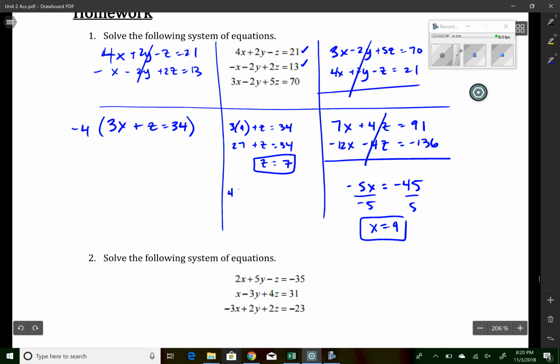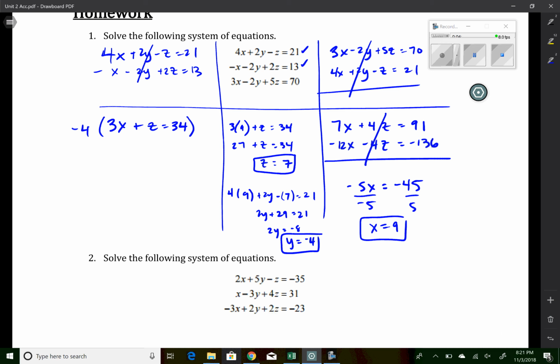So if I do 4 times 9 plus 2y minus 7, because that's z, equals 21. So I have 36 minus 7, so I have 2y plus 29 equals 21, or 2y equals negative 8, or y equals negative 4. So now I know the system of equations has a solution of x equals 9, y equals negative 4, and z equals 7.